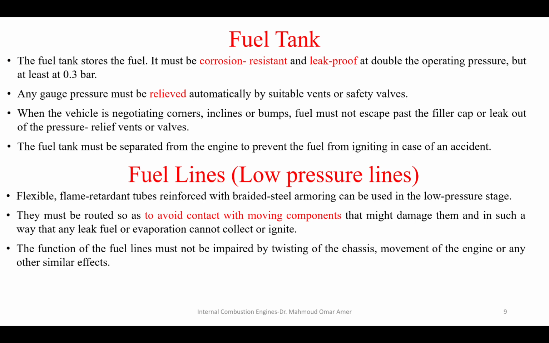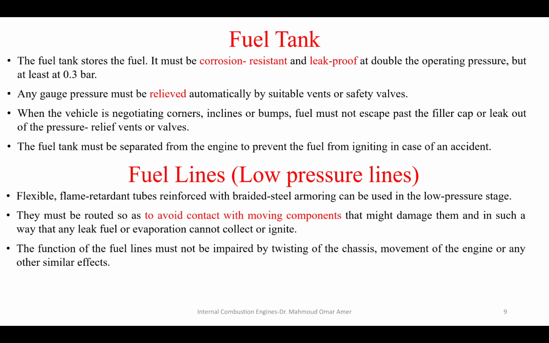For the low pressure lines, they are made from flexible flame retardant tubes reinforced with braided steel, because they operate at low pressure, maximum 5 or 6 bars. The fuel lines must be placed carefully. We all know the tank is at the back of the car, and the injection system is at the front with the engine. So you need to transfer the fuel from the tank to the front.